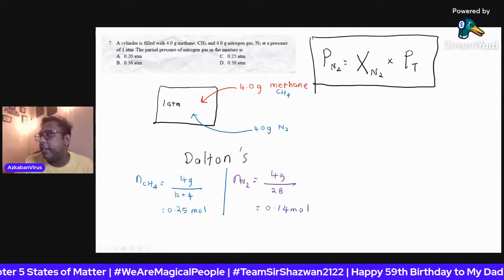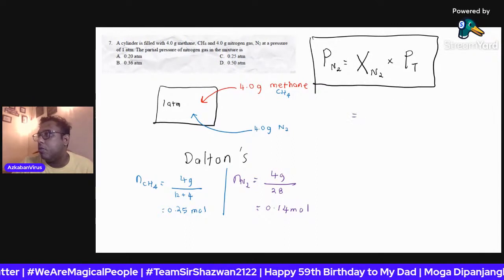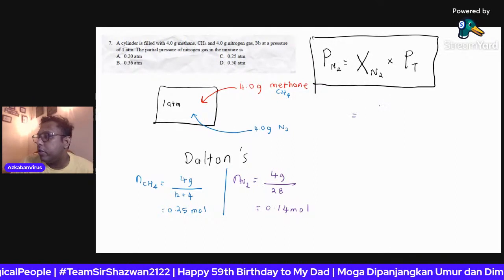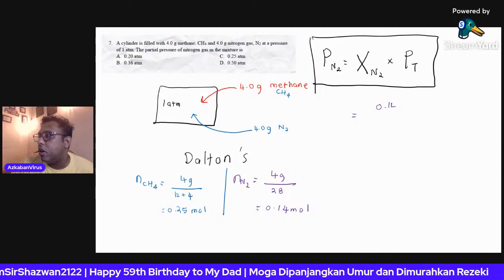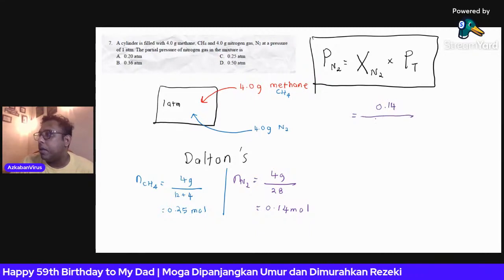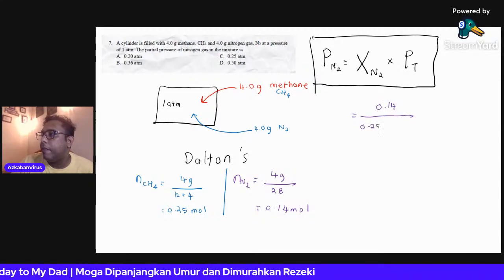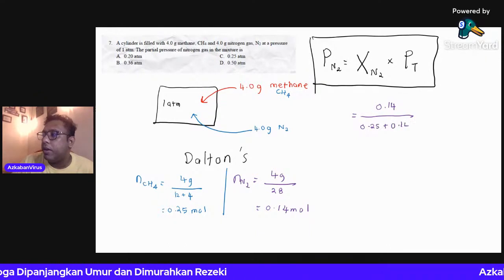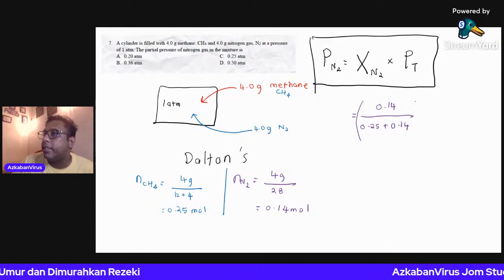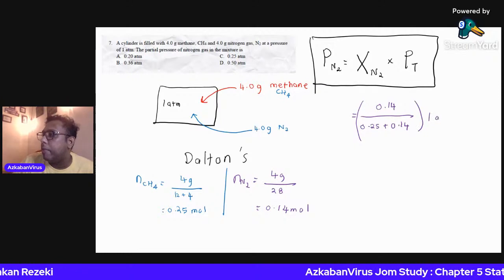Okay, partial pressure is equal to mole fraction of nitrogen gas, which is 0.14 bahagi dengan 0.25 plus 0.14 darab dengan total pressure kita adalah 1 atm.